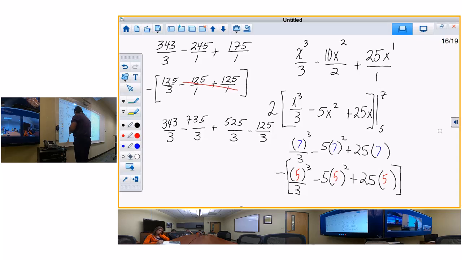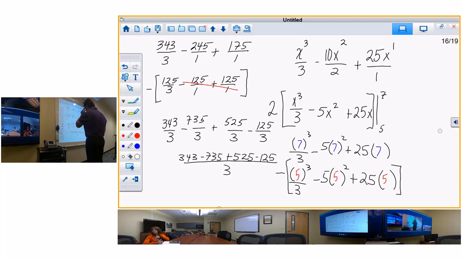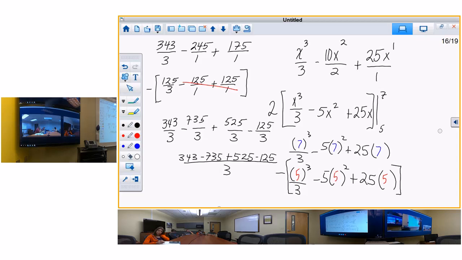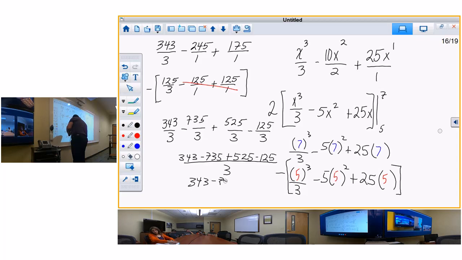So basically we got 343 minus 735 plus 525 minus 125 over 3. And the 525 minus 125, that's 400. So 343 minus 735, what did I say, 400?